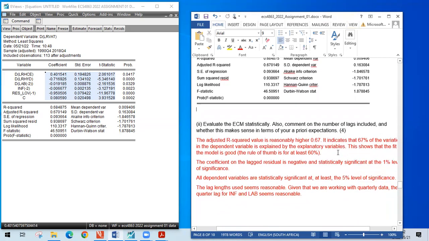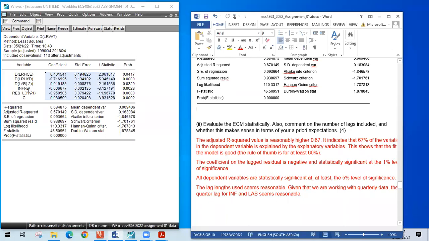There's another question. Evaluate the ECM statistically. Also comment on the number of lags included and whether this makes sense in terms of your a priori expectations, right? In terms of theory, does it make sense to have 2 lags on DLAB, 2 lags on inflation?